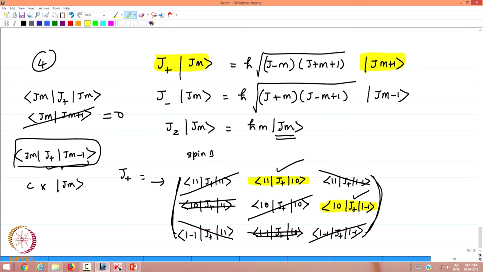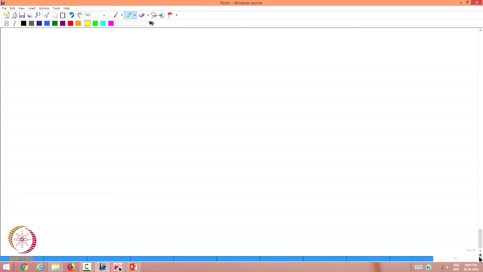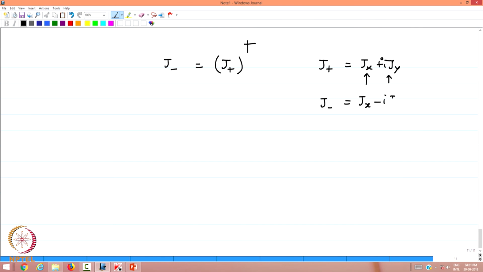What about J minus? No problem. J minus is J plus Hermitian adjoint. Remember, J plus operator is J x plus i J y, and the operators J x and J y are Hermitian. Therefore, J minus is the Hermitian adjoint of J plus.